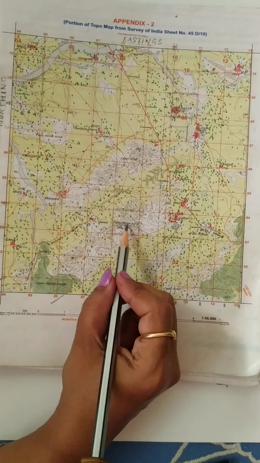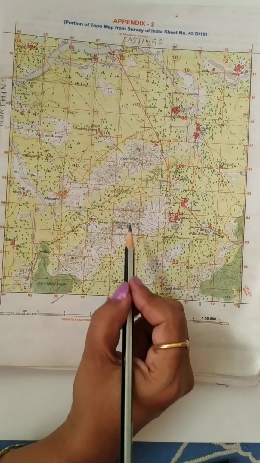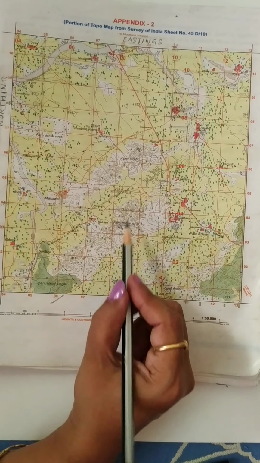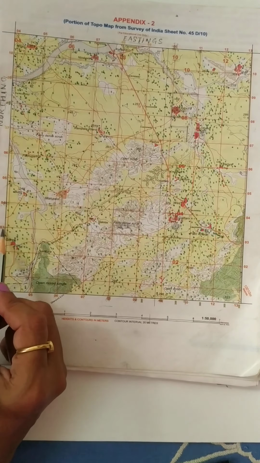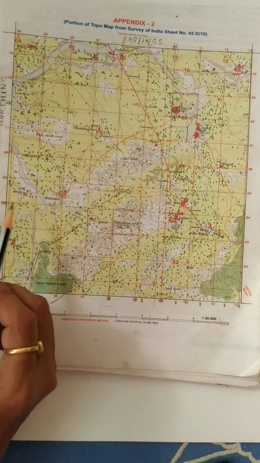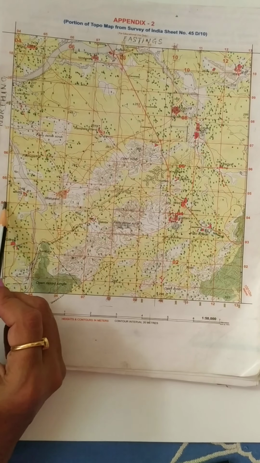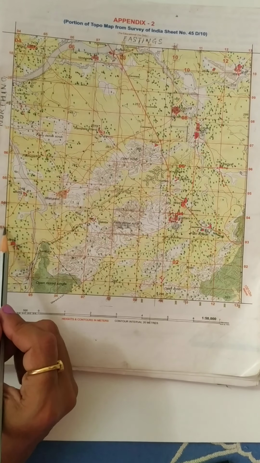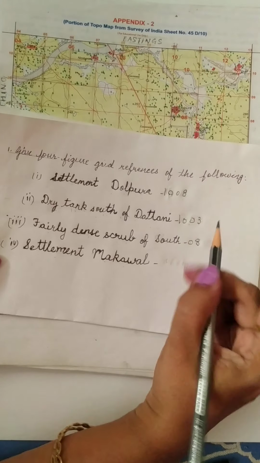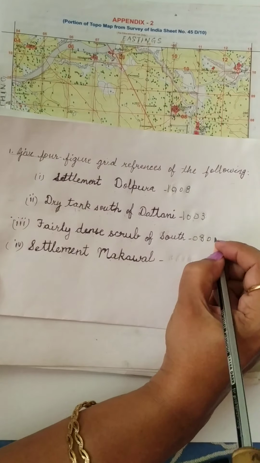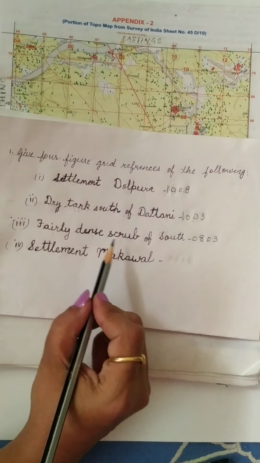This fairly dense scrub, children, lies between these two horizontal lines, 03 and 04. We take the lesser one. 03 is less, so we'll write down the northings as 03.